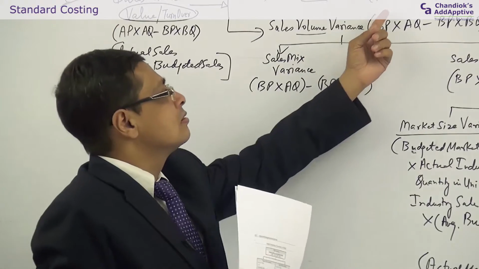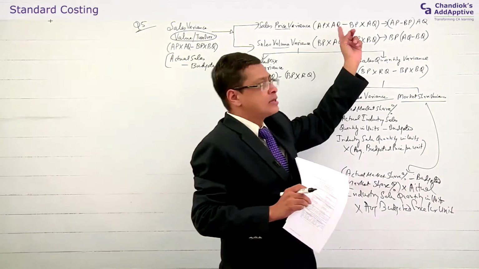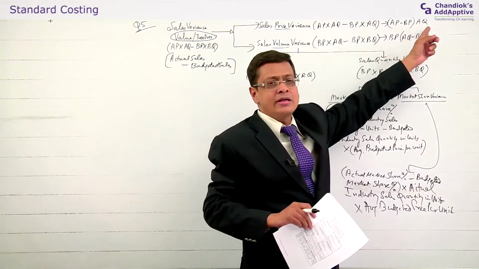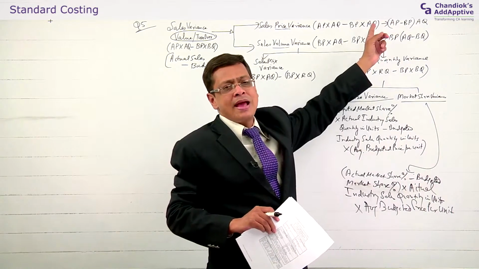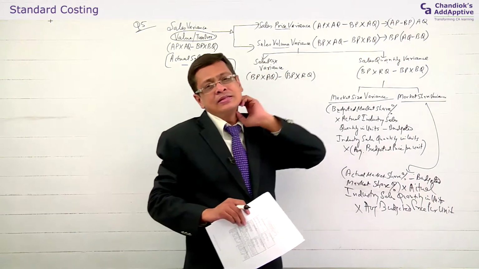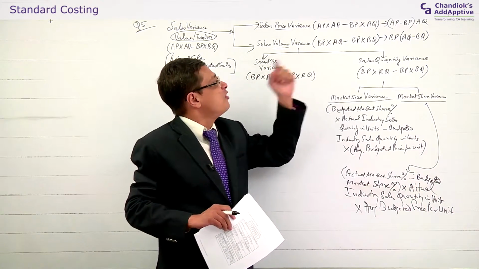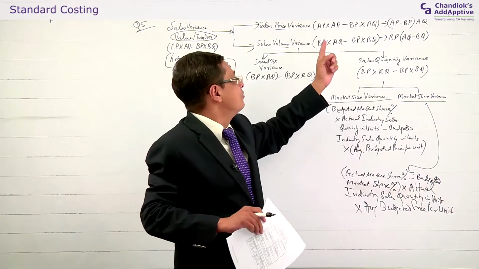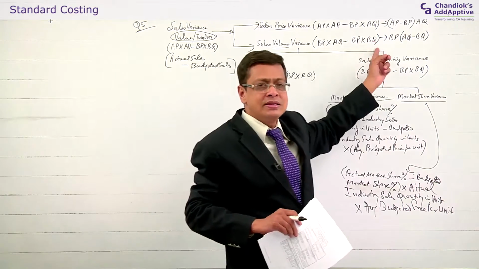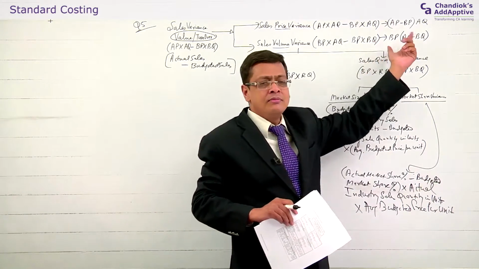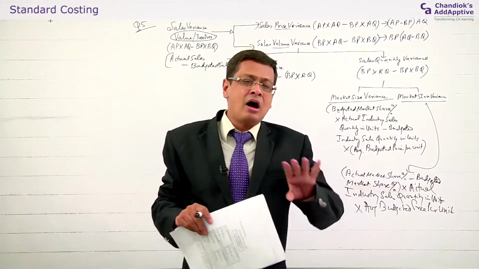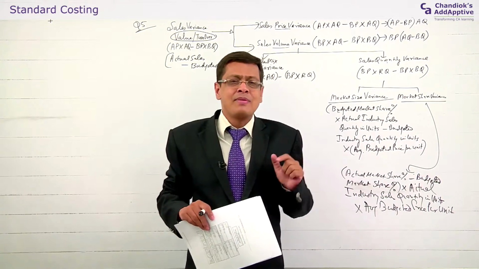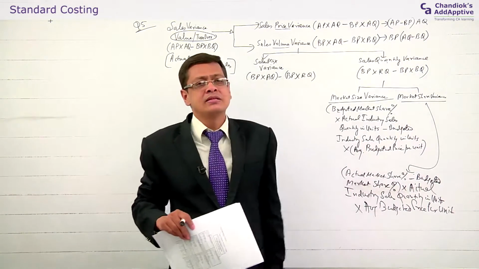Price variance is actual price into actual quantity minus budgeted price into actual quantity. So, what you do? You take out actual quantity and you put in bracket actual price minus budgeted price. In case of volume variance, you multiply budgeted price with actual quantity minus budgeted price with budgeted quantity. So, in short form, budgeted price is taken out of bracket and the formula becomes budgeted price in the bracket actual quantity minus budgeted quantity.